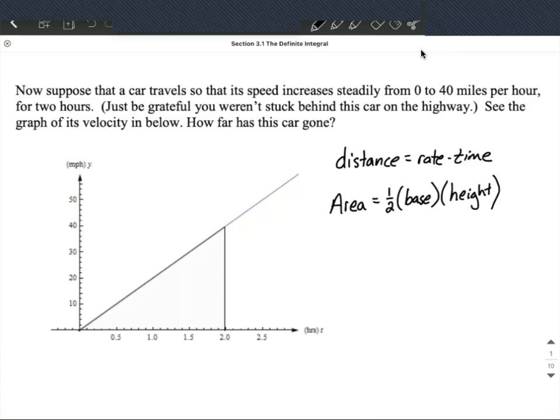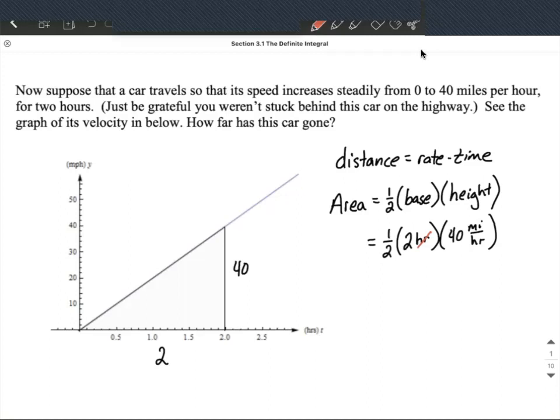In this case, we have traveled for 2 hours, so that's going to be the base of our triangle, and it gets all the way up, going from 0 to 40 miles per hour, on the height. So we'll say 1/2, then 2 hours for our base, and our height was 40 miles per hour.